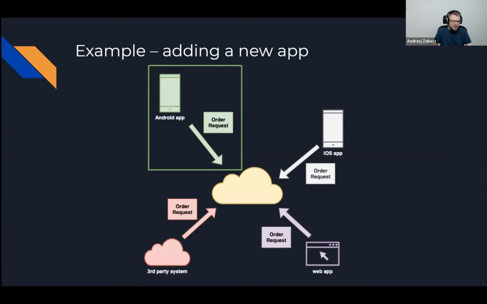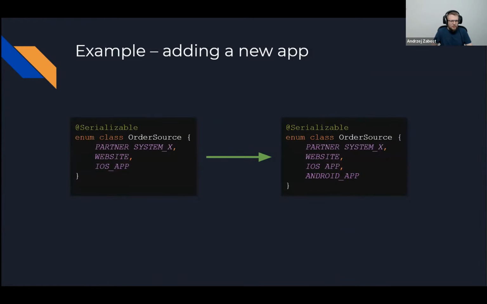As you might expect, adding this new application to our system is going to require a change in our enum class OrderSource. So we need to add this new value, Android app, to be able to indicate that the new order requests created on it originated on the Android app.